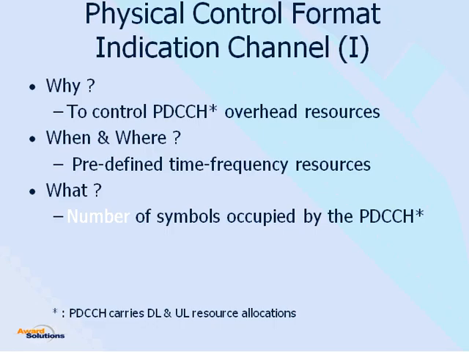So let's move forward now. What did we look at? We looked at primary synchronization signals, secondary synchronization signals. They are helping us with the timing, frequency synchronization, and also identifying the physical layer cell ID. Then we looked at the broadcast channel.